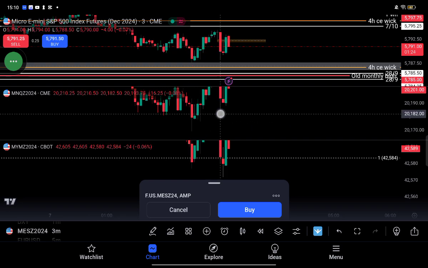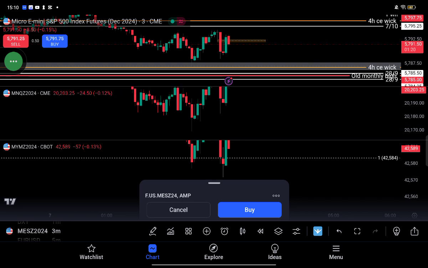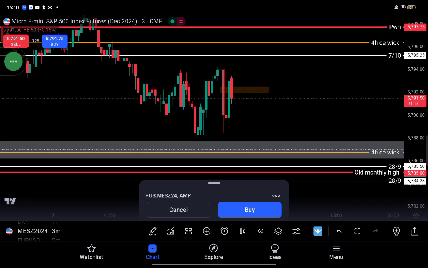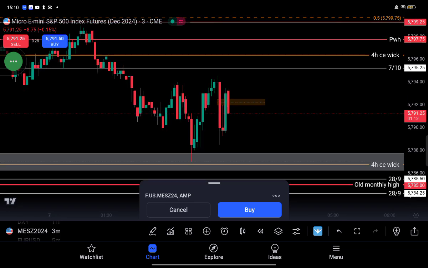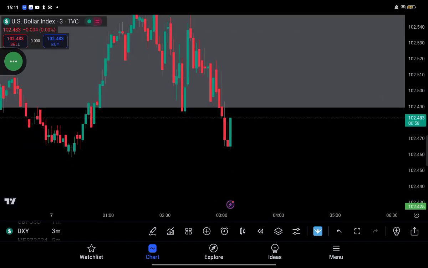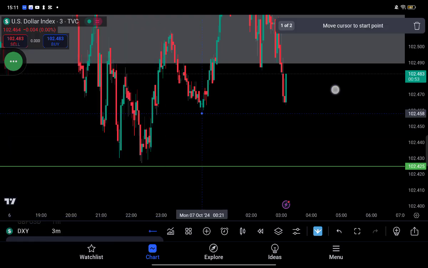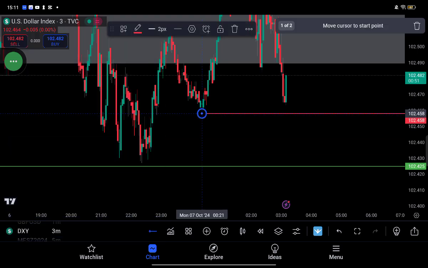So I'm still looking to see if this is the S&P that we got here. Look at dollar. Dollar right now is going higher, and here we got sell side.